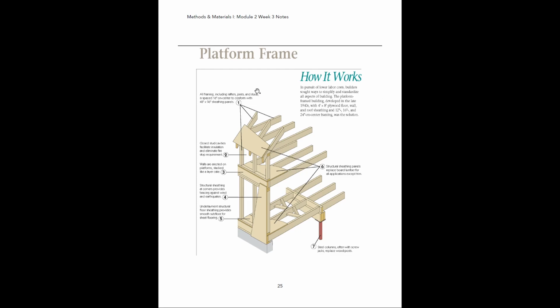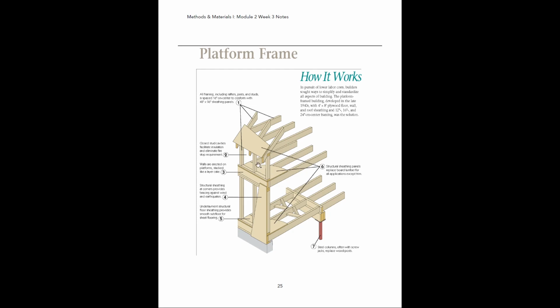So they ended up coming up with this in the late 40s. And basically, you're building your floors as a series of platforms, okay? And the platforms are resting, in this case on the first floor, on the foundation wall. And then you have your exterior walls coming up, and then you have another platform, okay?